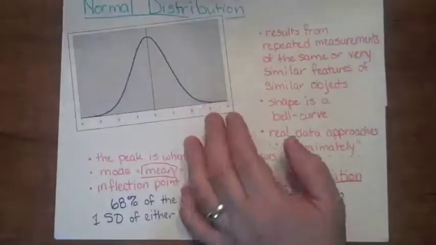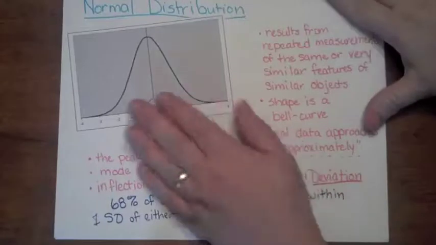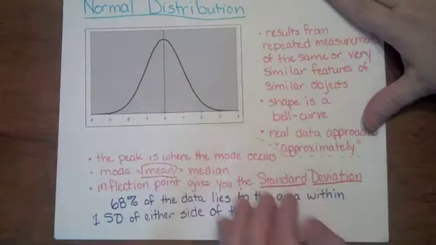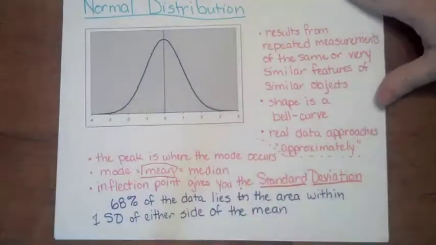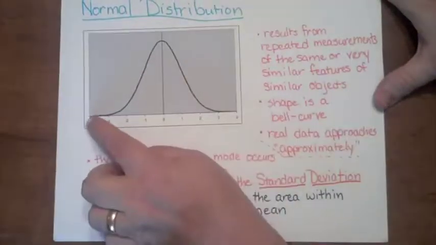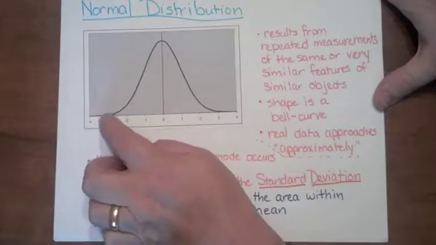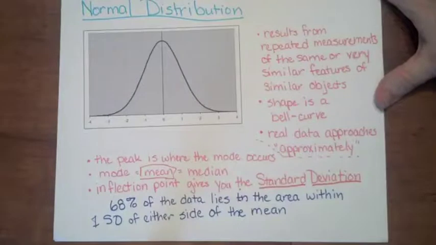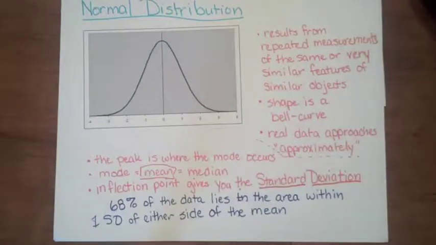The second one is called the normal distribution. This is the one that we will probably be spending the most time with throughout the year. We do an awful lot. We test all kinds of things with a normal distribution. It is also called the bell curve distribution because the shape it makes is roughly the shape of a bell. And this happens because it happens when you do repeated measurements of the same or very similar items.